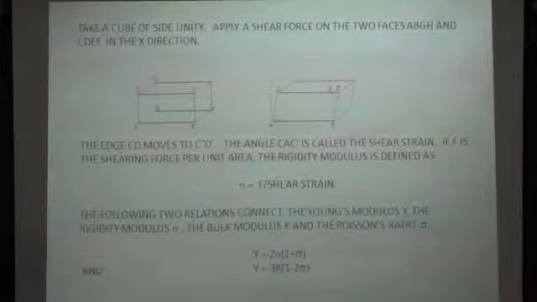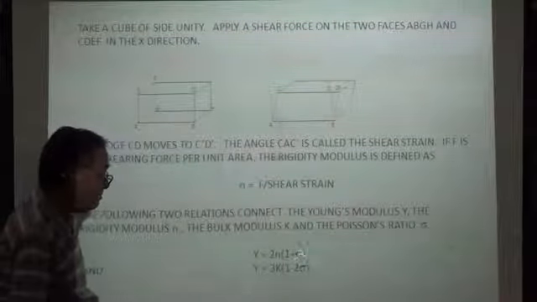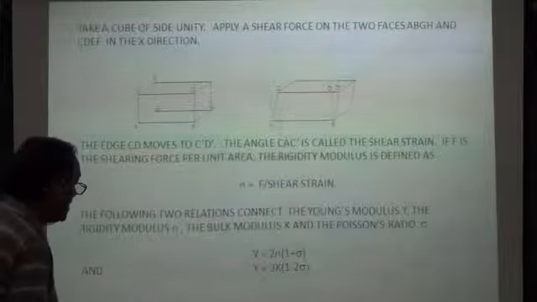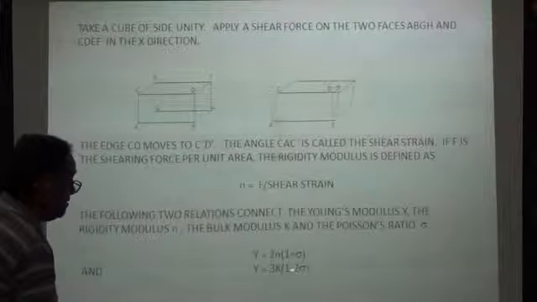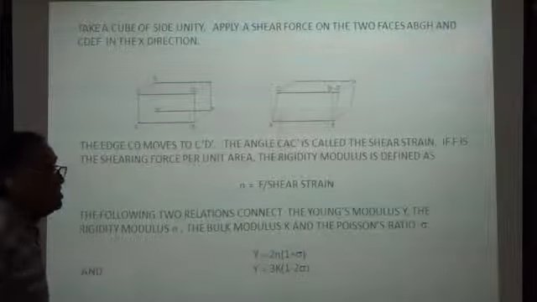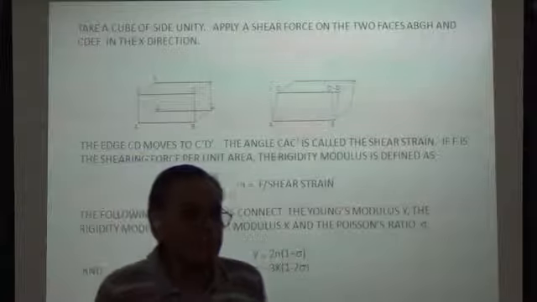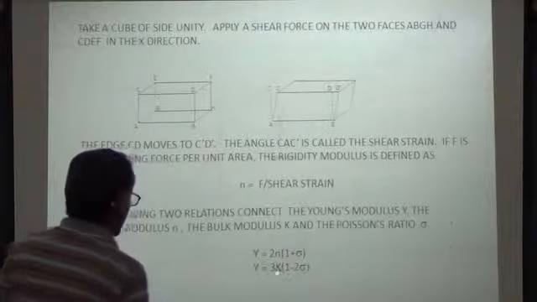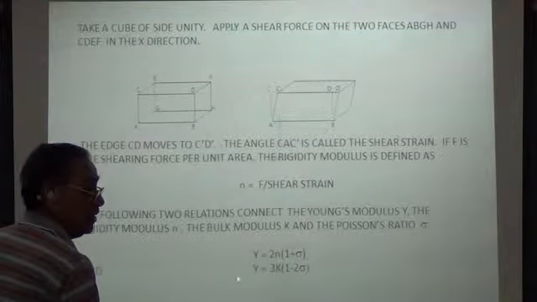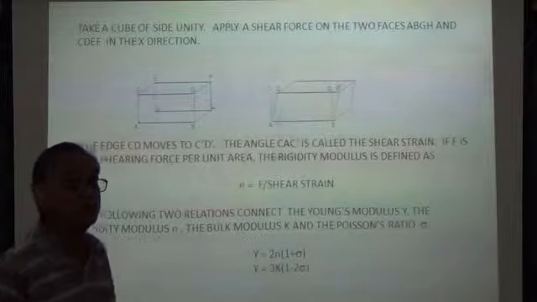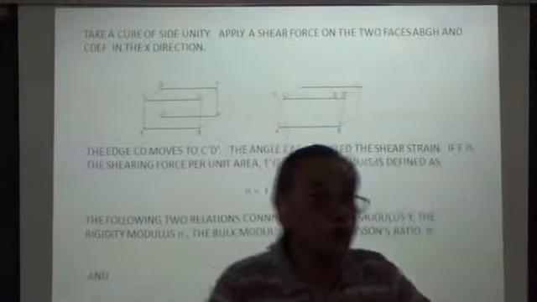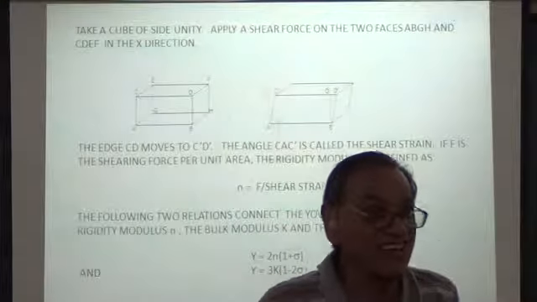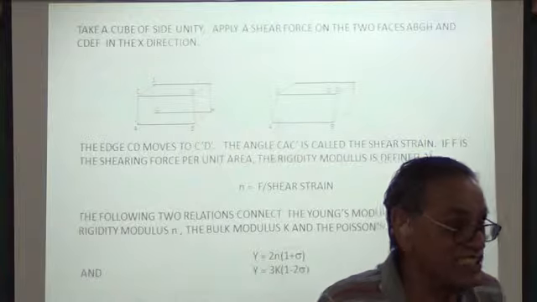You will see that the maximum value of the Poisson's ratio must be 0.5. If it is more than 0.5, then your bulk modulus will become negative. That means when you compress, the volume will increase. And this is an unstable situation.